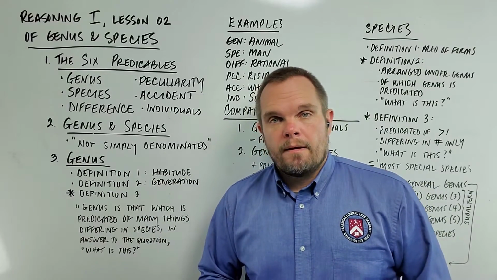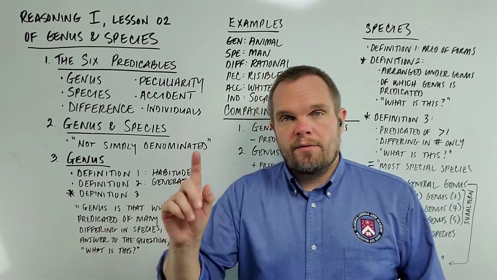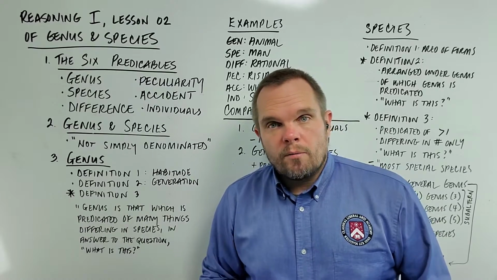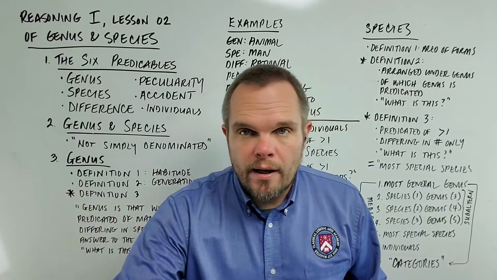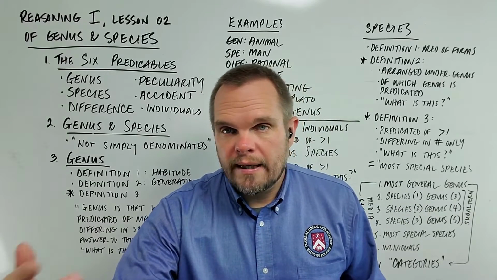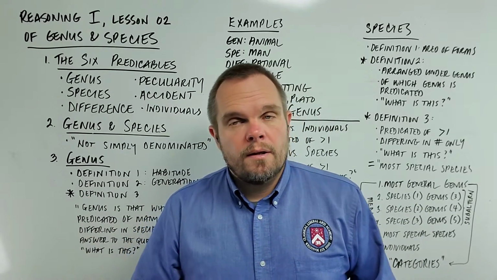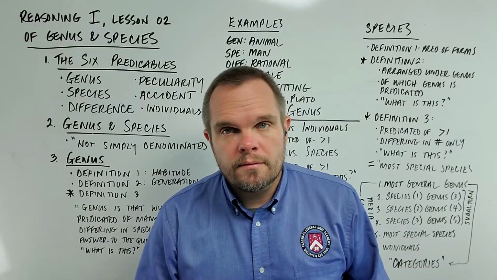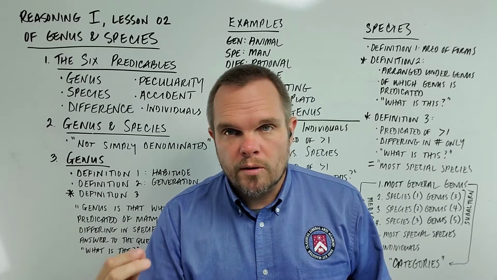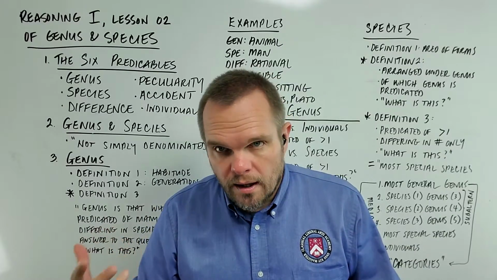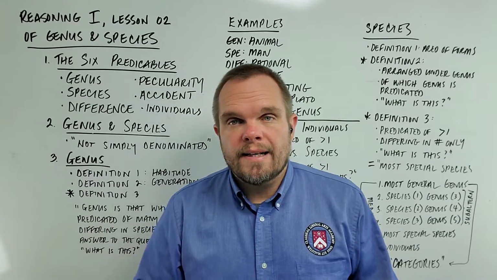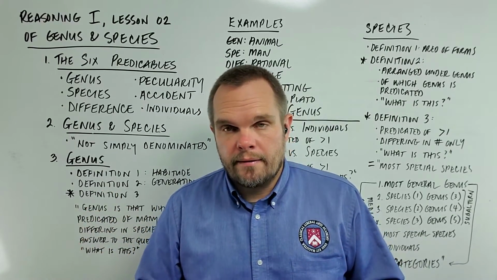Okay? Now, just to give you an example, if you pointed out the window and said, what is that? and someone said, it's brown. The answer brown doesn't answer the question, what is that? I didn't say what color is that. I said, what is that?